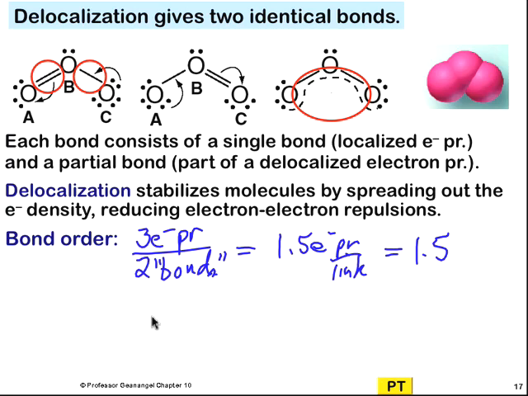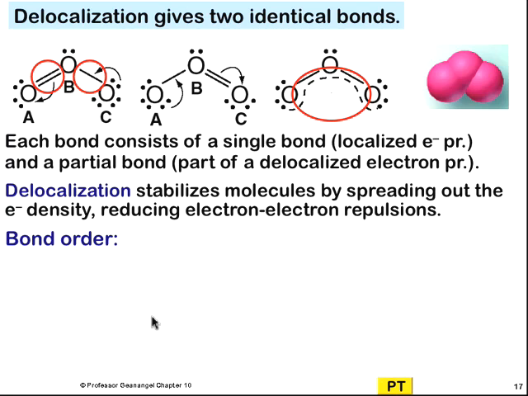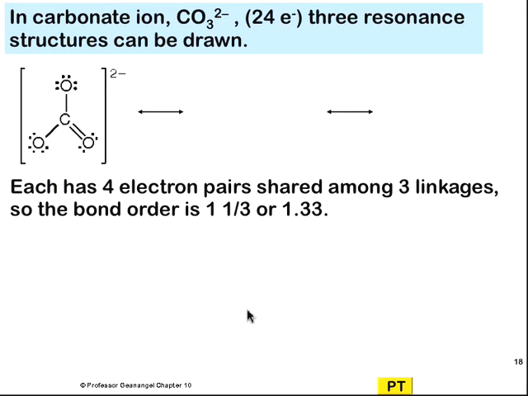Everybody comfortable with that? All right. The last part is thinking about the resonance hybrid in terms of its characteristics. In this case for ozone, there were two equal oxygen-oxygen bonds, and they each had a bond order of 1.5. That's what we were talking about.